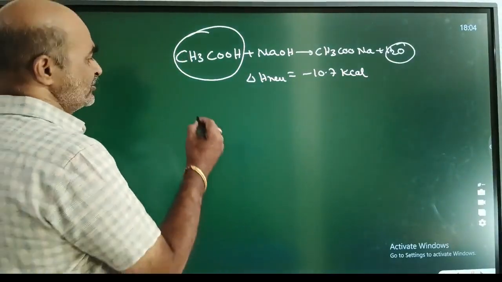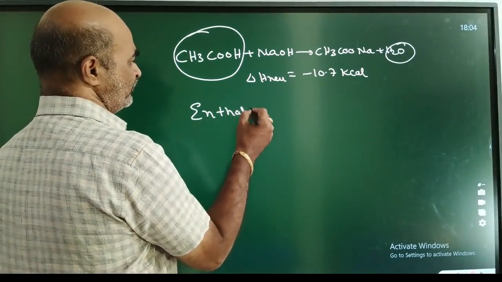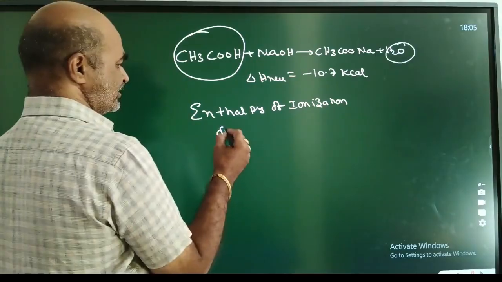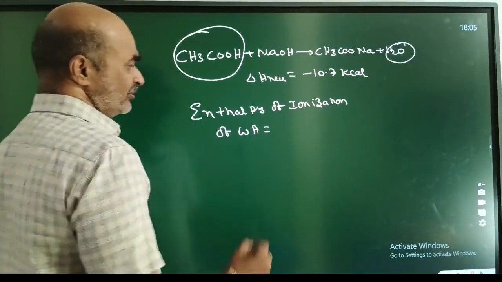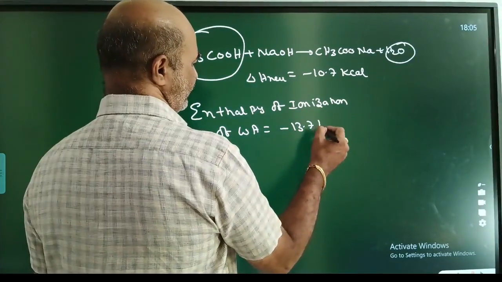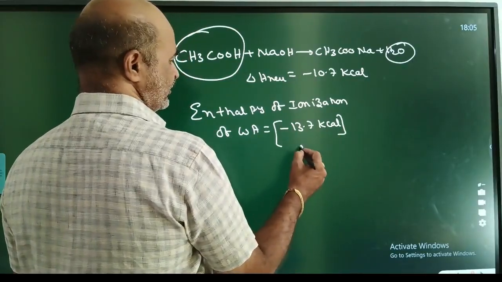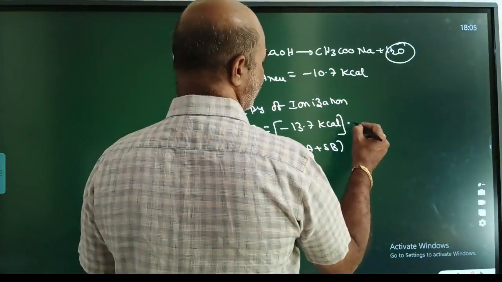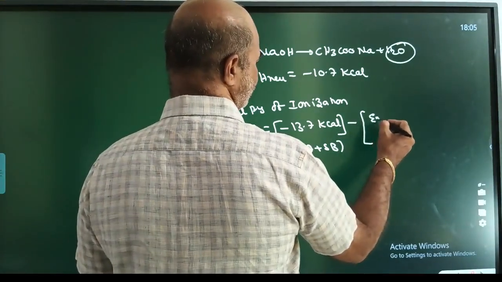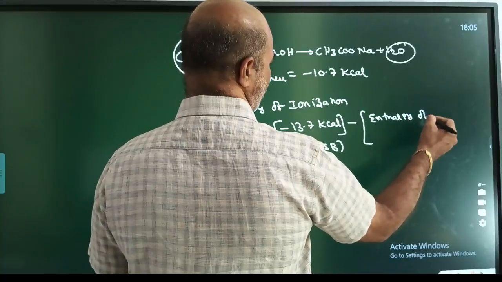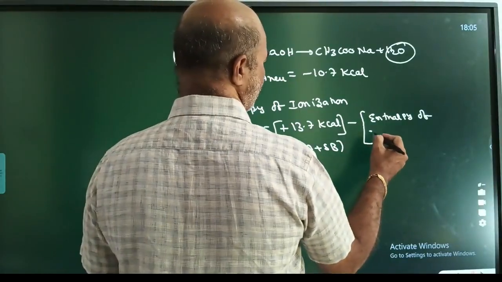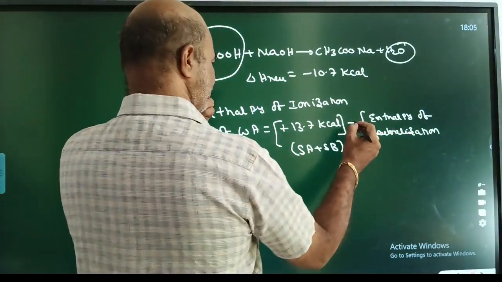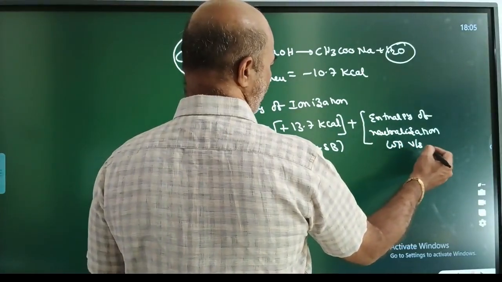So, the enthalpy of ionization of a weak acid is equal to minus 13.7 kilocalories, which is the heat of neutralization of a strong acid and strong base, minus the enthalpy of neutralization of a weak acid plus strong base.